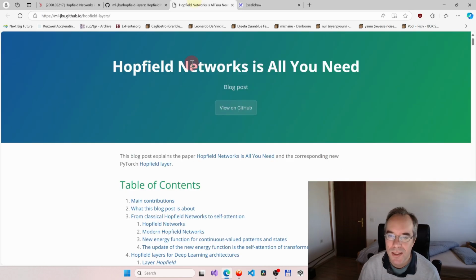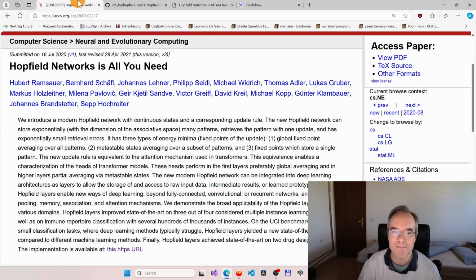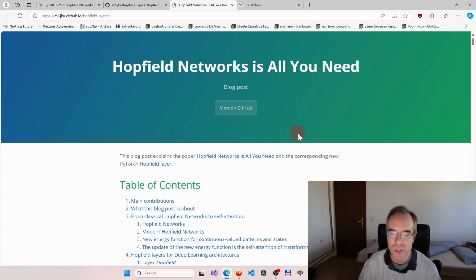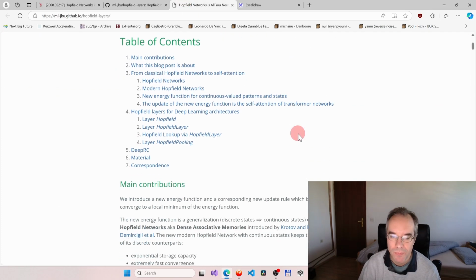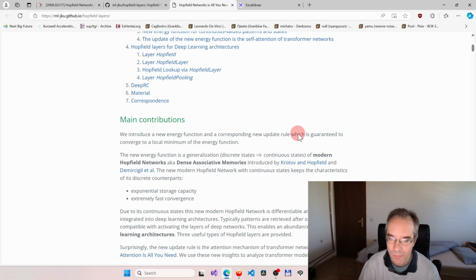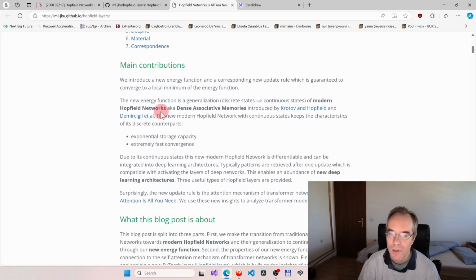And this paper is from 2020. Here's a blog post associated with it. The energy function is a generalization of modern Hopfield networks, aka dense associative memories, introduced by Krotov and Hopfield.